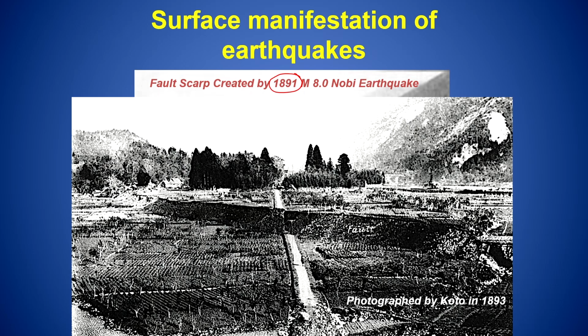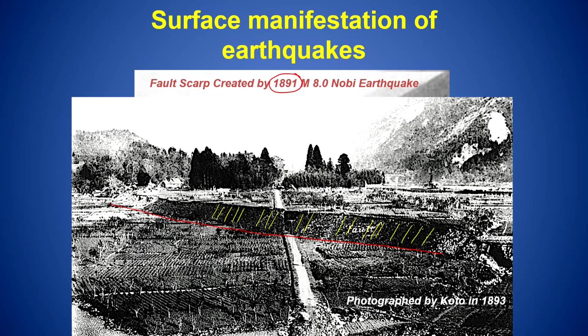This was the picture again taken in 1893, and the scarp is over here. This is your fault scarp which we were talking about in the sketches also. Of course, this is a strike slip, plus you have a normal component. The fault runs through this line over here at the base.